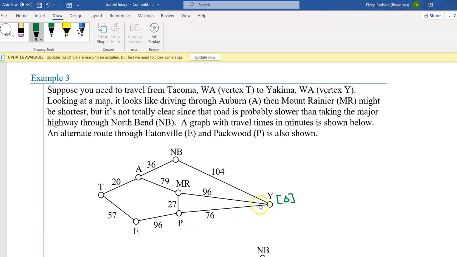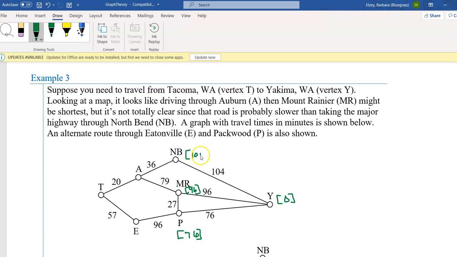So let's notice that if we look at the shortest one, that's P, 76 minutes. If we go backwards, that is going to be 76 minutes to Y from there. Now, we also want to mark the next one, going back to Mount Rainier, 96. So on that vertex, we're going to mark 96 minutes. And then same thing for North Bend, it's 104.